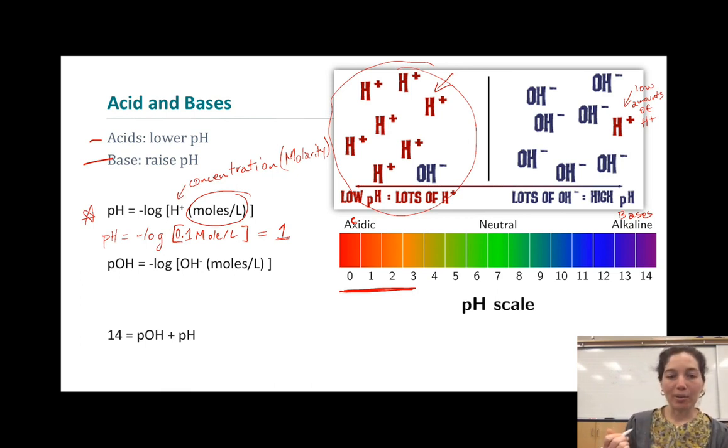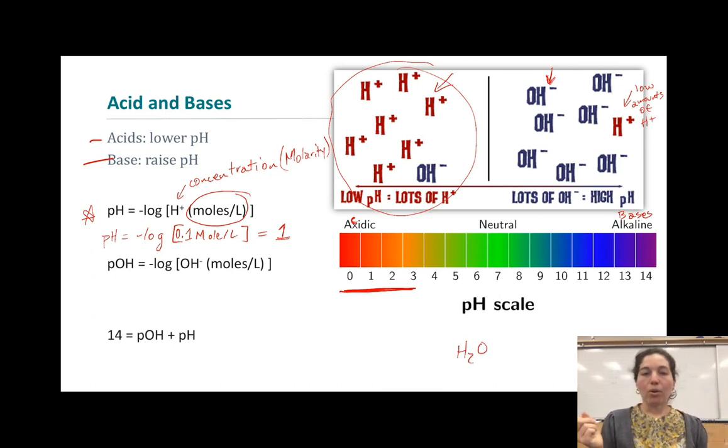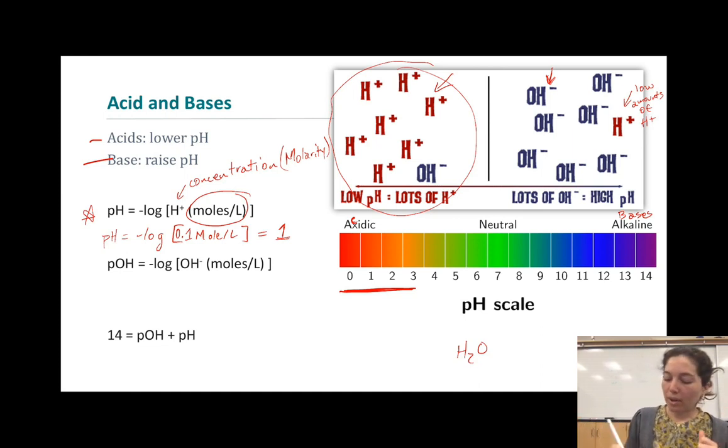Now, whenever we're looking at pH, the reason these OH compounds typically pop up is because we're looking at water. Water does this thing where it can either accept protons or it can donate protons. It does both. So it can be an acid or a base.